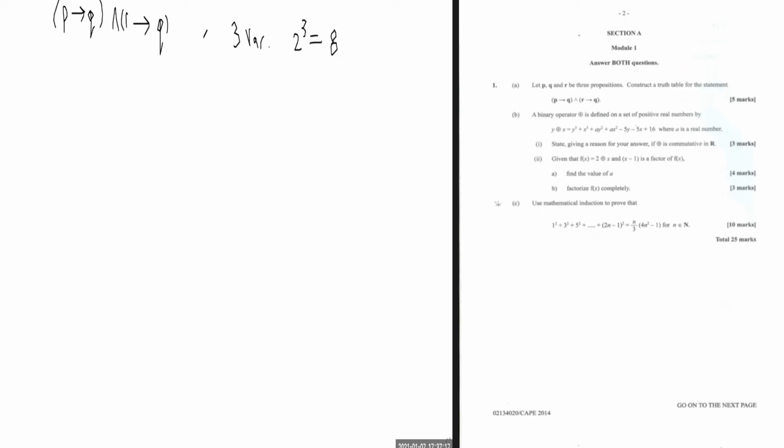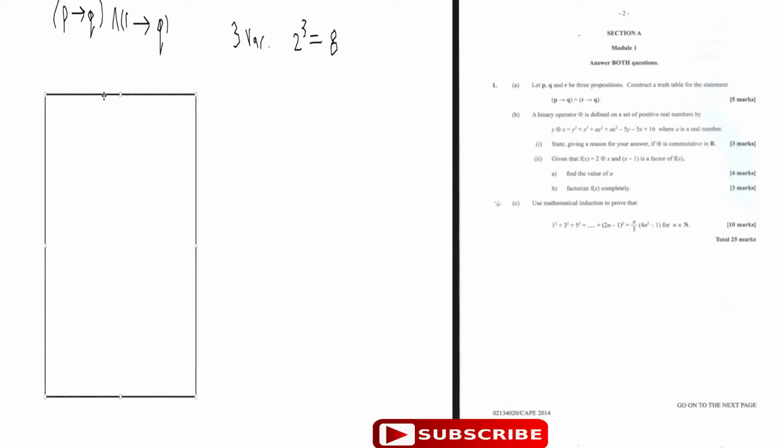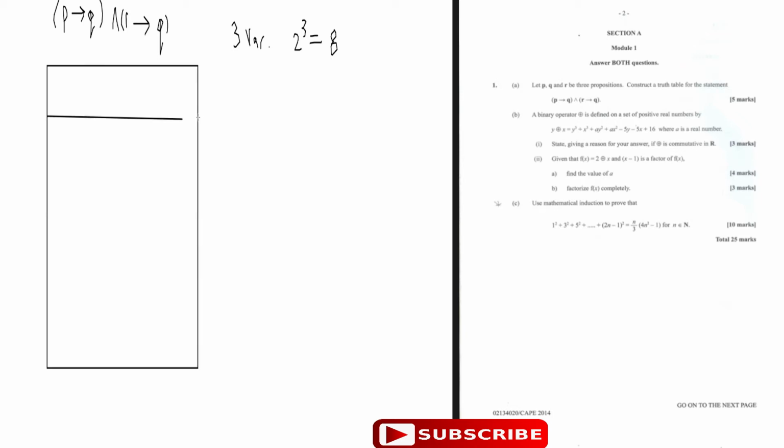So first thing we're going to do is set up your table. And the variables again we know are P, Q, and R.